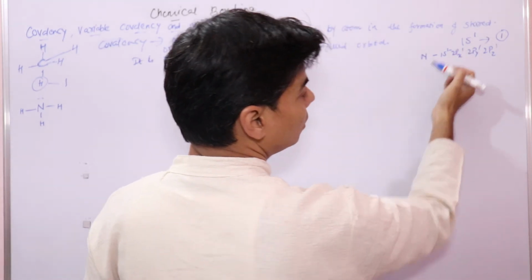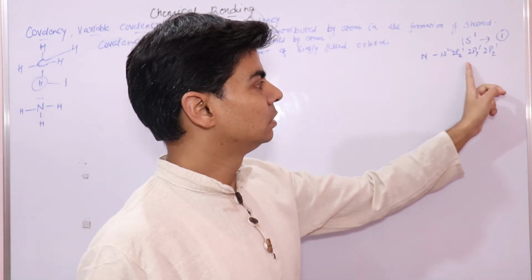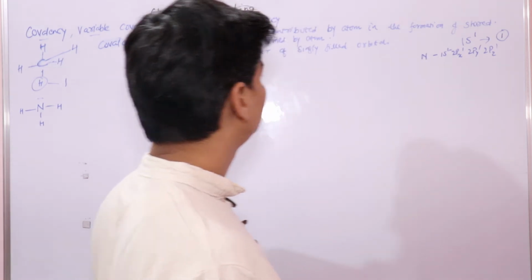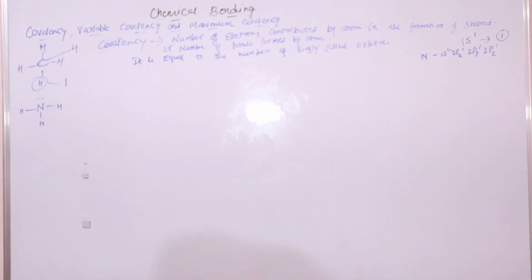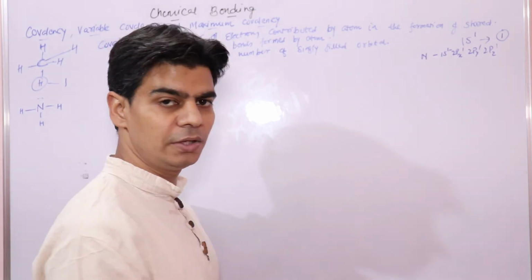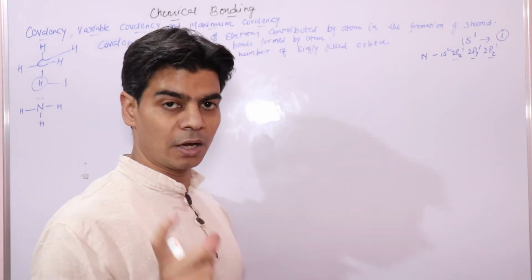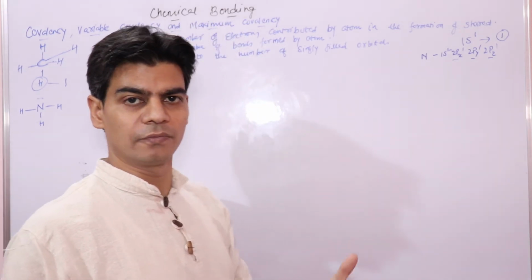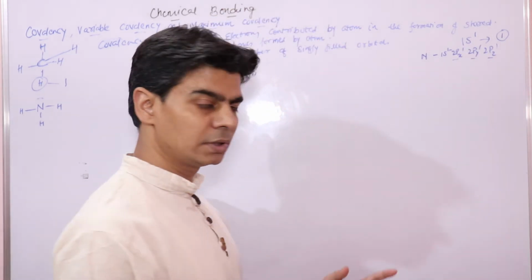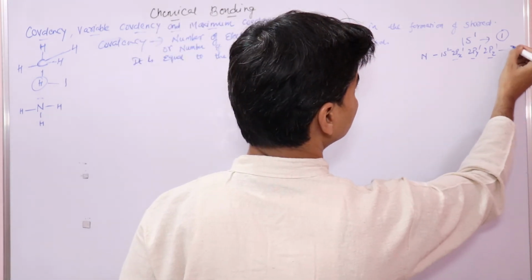So here we have 3 orbitals that are singly occupied, or half filled. Half filled means 1 electron, fully filled means 2 electrons. These 3 orbitals are half filled, they have only 1 electron. So it is equal to the number of half filled orbitals, so covalency would be 3.